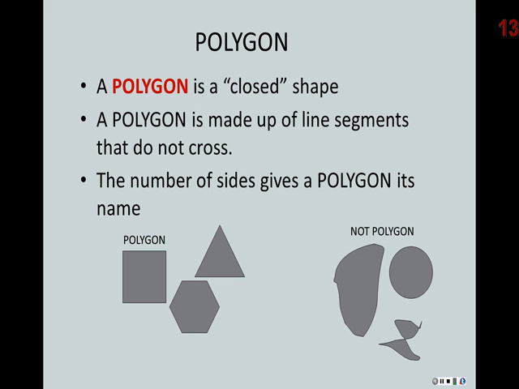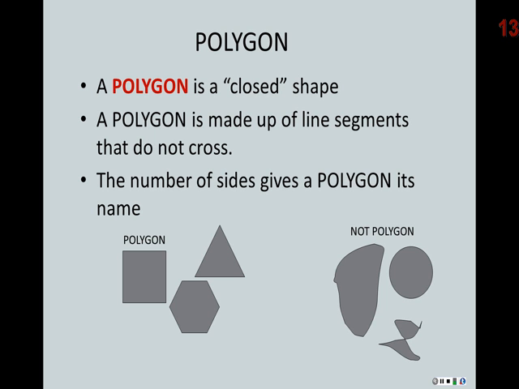What prefix means 8? Okay, what animal has 8 legs? What animal in the sea has 8 legs? Yeah, so octopus starts with oc. O-C-O. So oc means 8. So it would be an octagon.